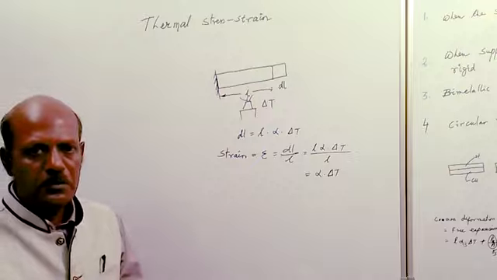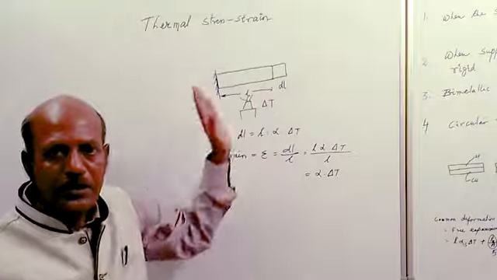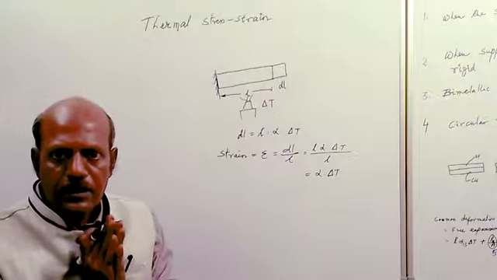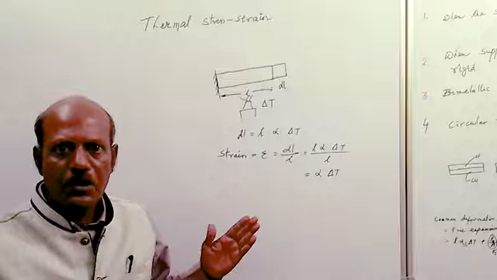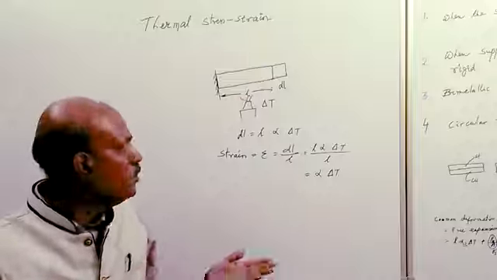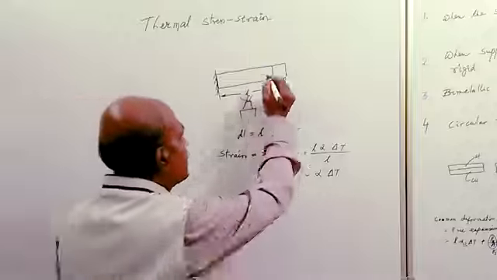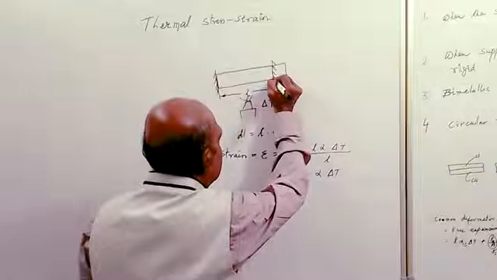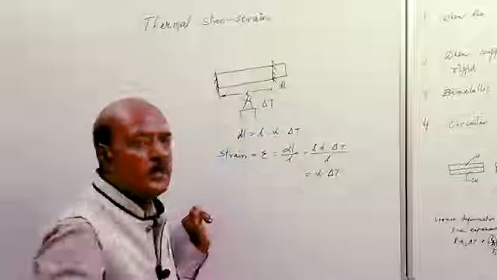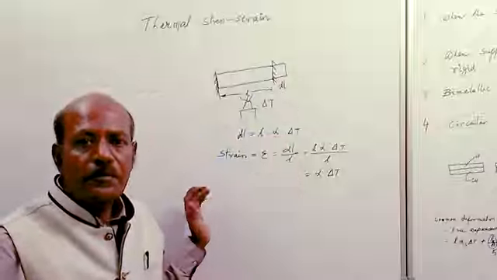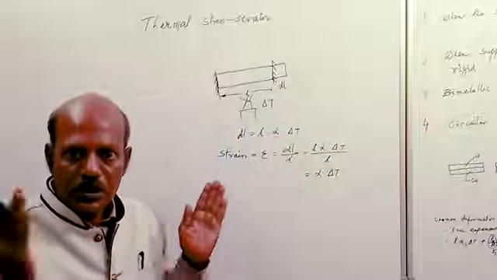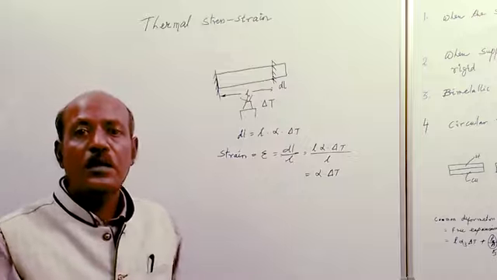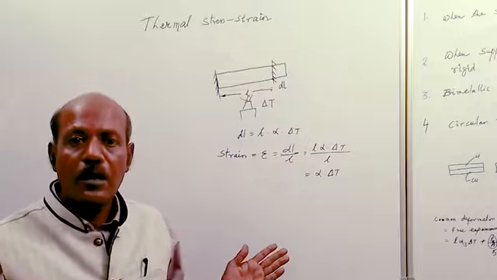Now if the ends are not restricted, then the stress developed in the body will be 0. If the ends are restricted, or in other words if the supports are rigid, then only stress will develop in the bar.